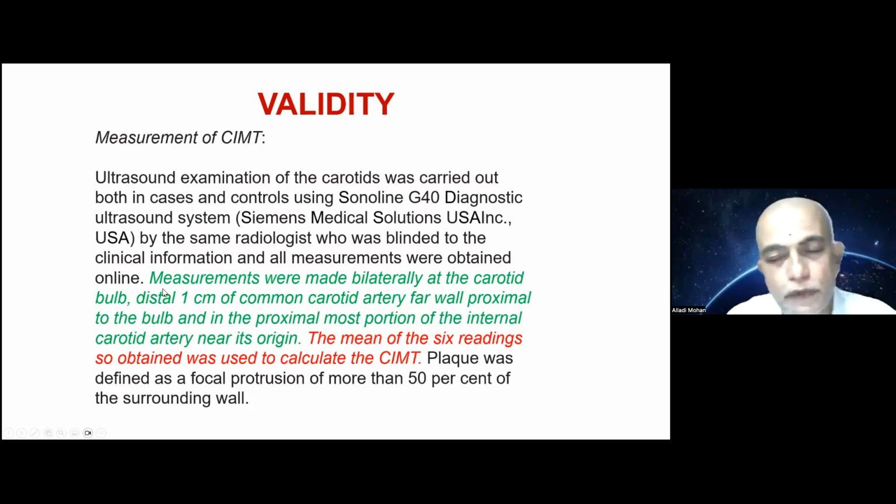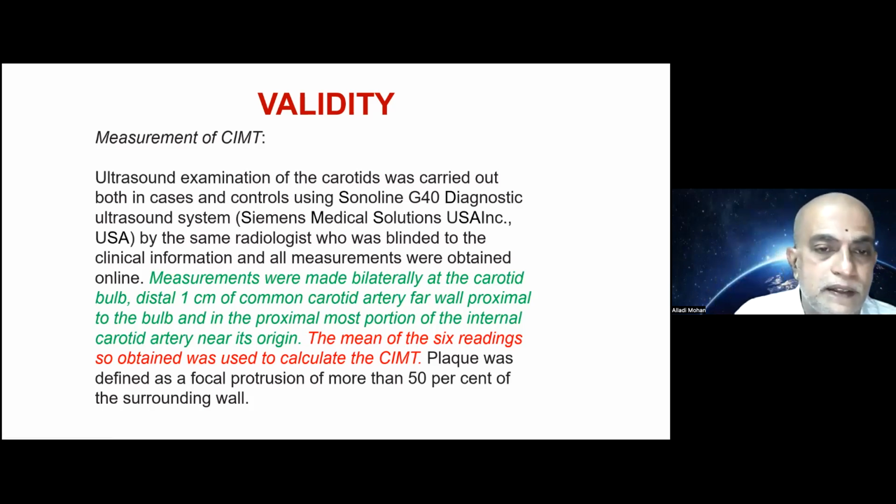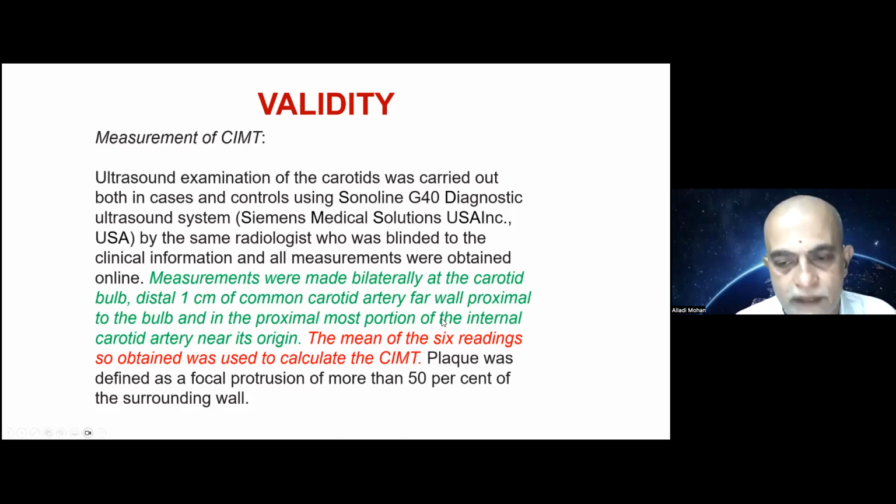So if you see the papers on CIMT, some measure at 3 sites, some measure at 6 sites, some measure at 1 site, and so on. So the most rugged or reliable method of measuring CIMT was to take the measurements at 6 positions, and the mean of the 6 readings would be used to calculate the CIMT. So this had to be clearly stated at the outset before the study was designed, and when someone reads the methods, yes, this is the right way to measure the CIMT.